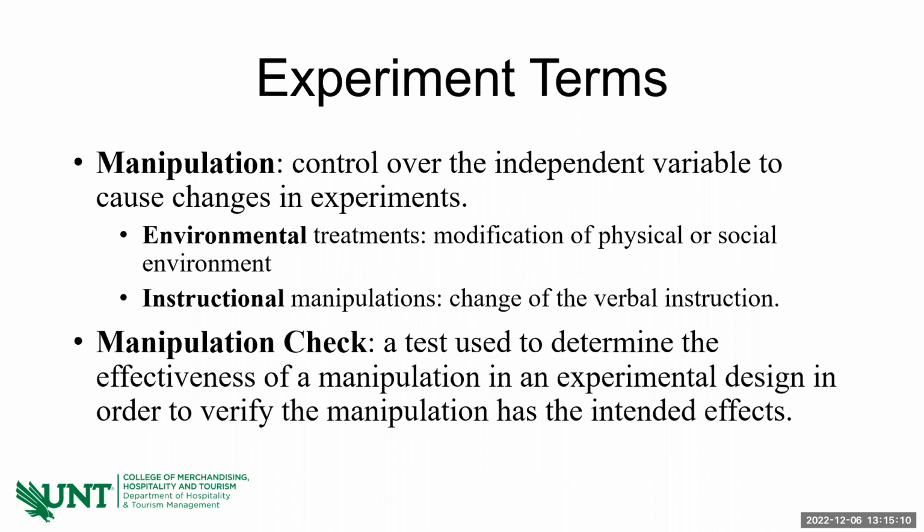In this case, you have to use a manipulation check because your variable is not a physical treatment and you are not sure whether people read the same instruction as you do. So you will have to give them 1, 2, 3 questions as your manipulation check to make sure your manipulation achieves the desirable result as you expect.